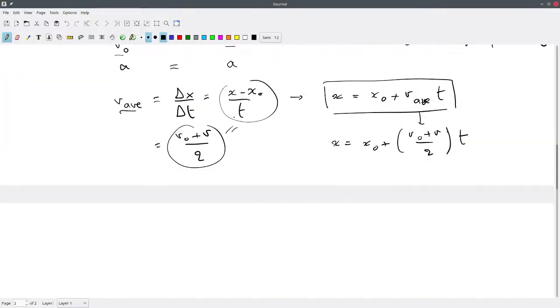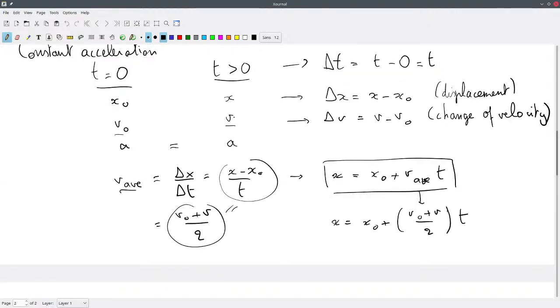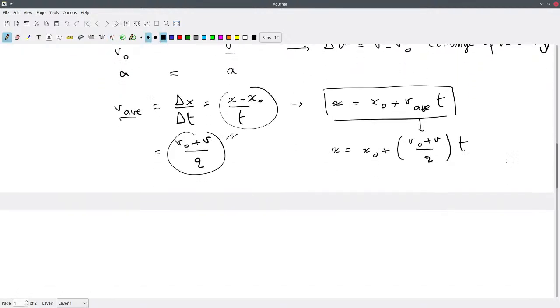And there's one more that we have to write down. This is not based on the average velocity, but based on the average acceleration. And since there's only constant acceleration, this is just going to be the acceleration itself. So the acceleration is delta v over delta t, and delta v is v minus v0, I had a typo in my notes here.